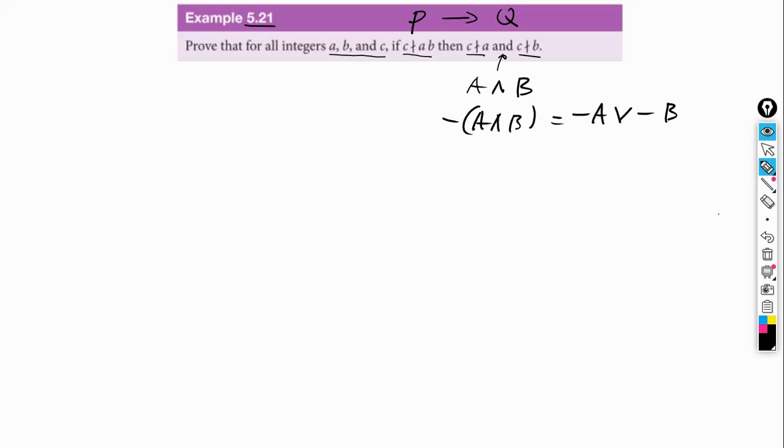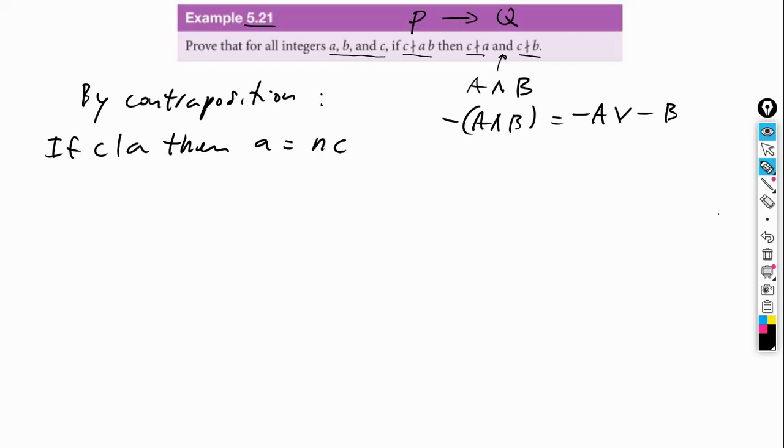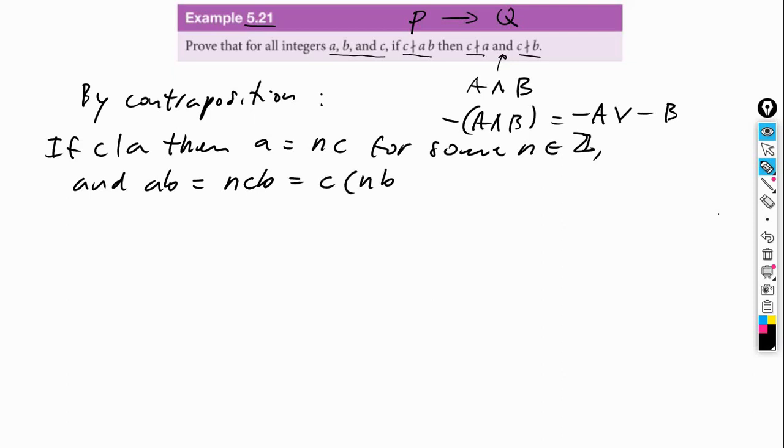So by contraposition, we say, if c divides evenly into a, then a is equal to n times c for some n belonging to the integers. And ab is equal to ncb, which is equal to c times n times b.